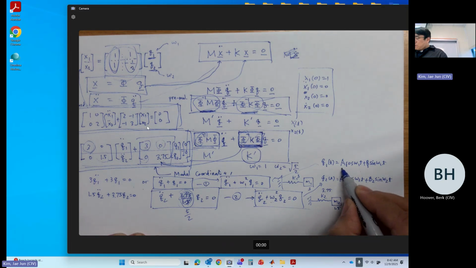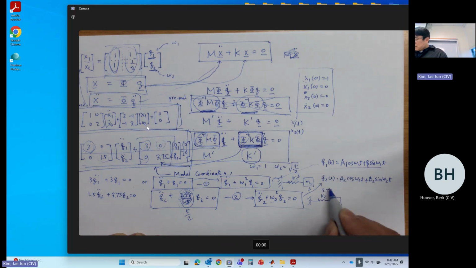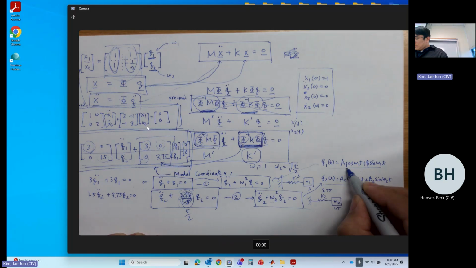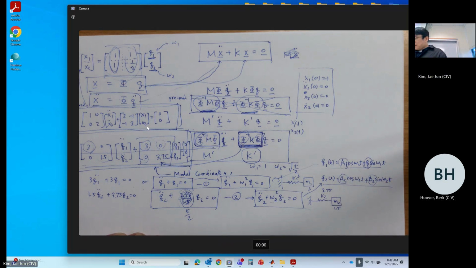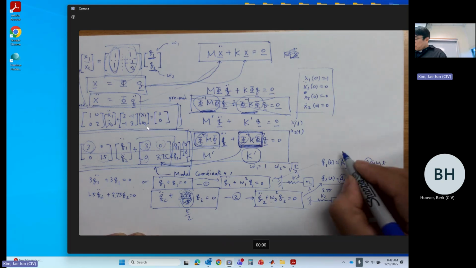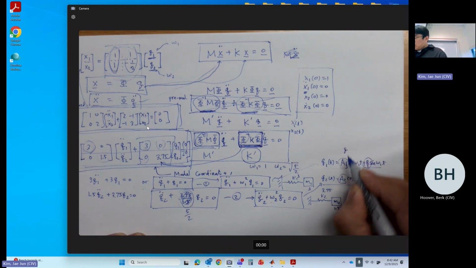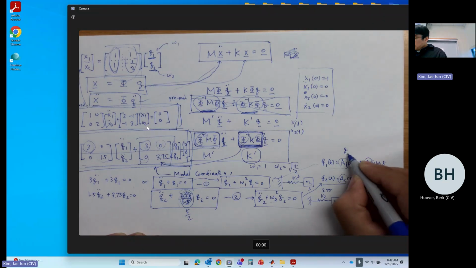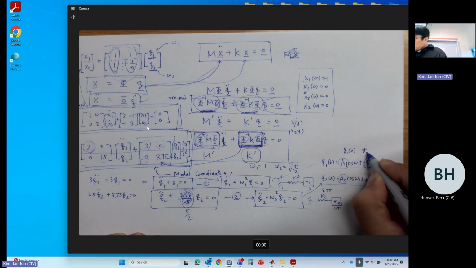So in order to solve for this and this, you need to determine a1, b1, a2, b2, right? So a1, b1, a2, b2 are computed from initial conditions written in q, right? So q1 at 0, q1 dot at 0.